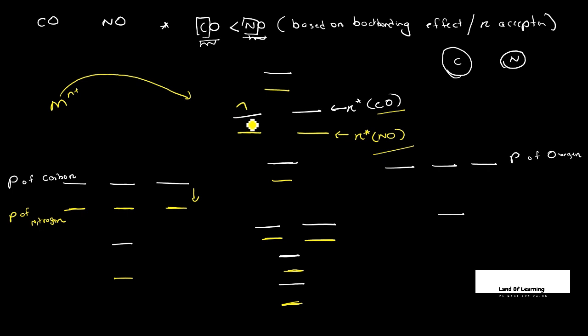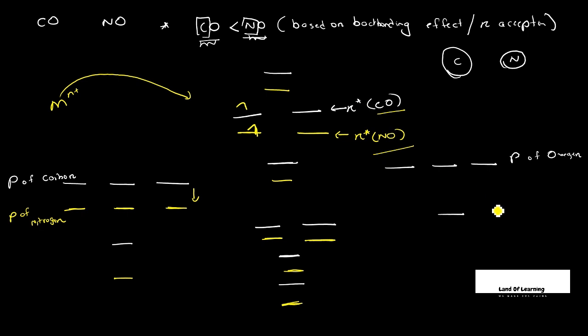If your electrons can donate to this particular molecular orbital, it is much more stable than this one because it has low energy. That's why nitrosyls are better acceptors than carbonyls, because they are stable when it comes to backbonding. So you need to have that idea when you are explaining the answer. I hope you got the idea about nitrosyls and backbonding effects.